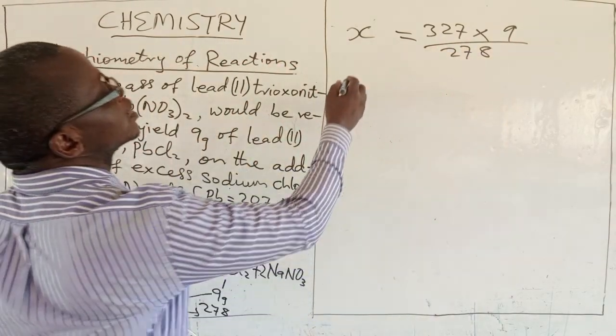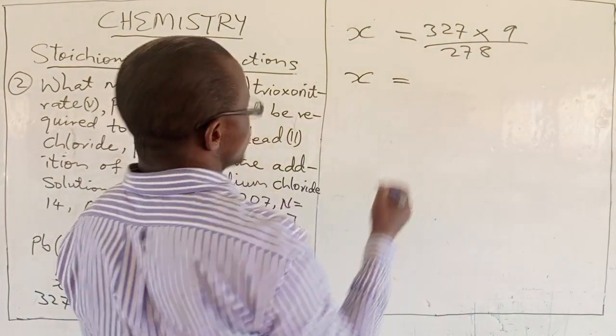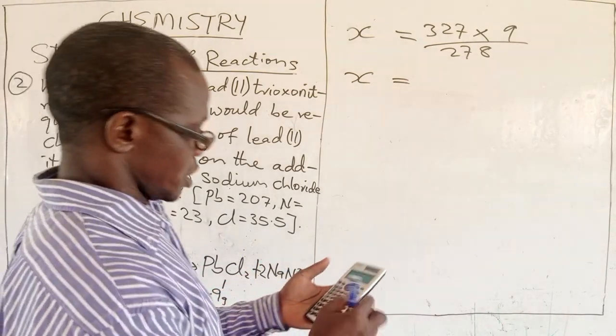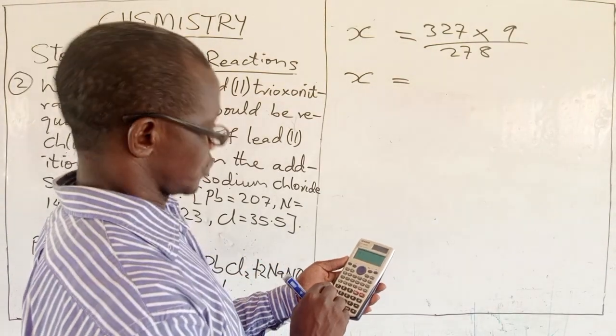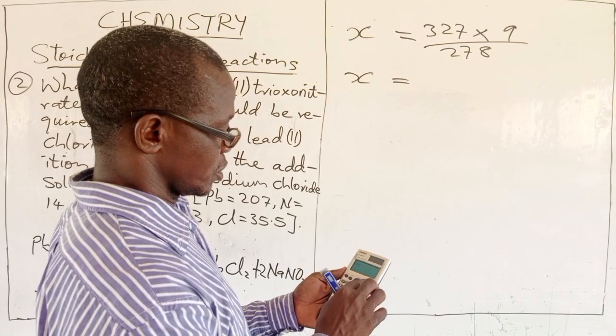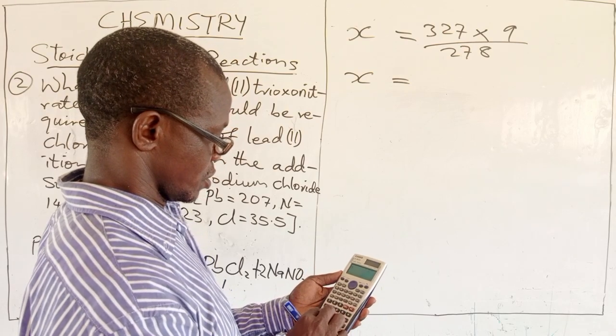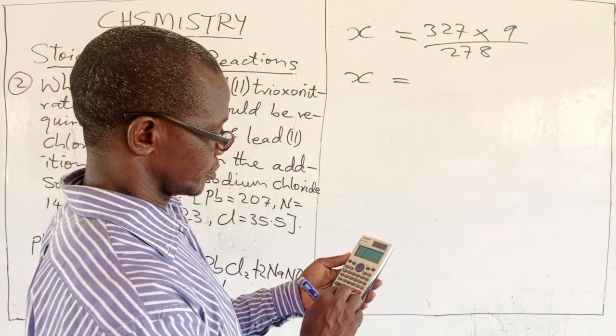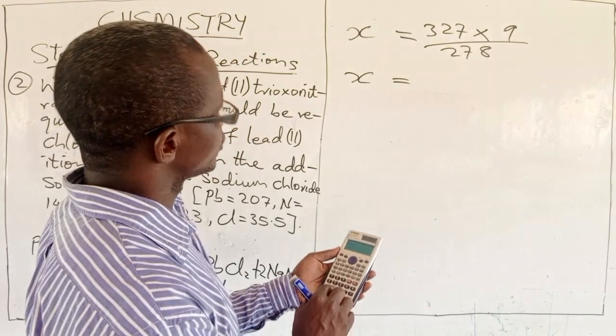So if you have that, your x, what you're looking for, will now be 327 times 9 divided by 278.